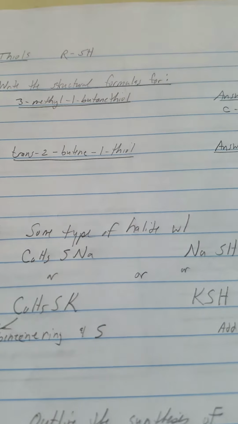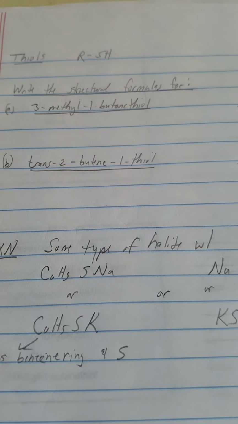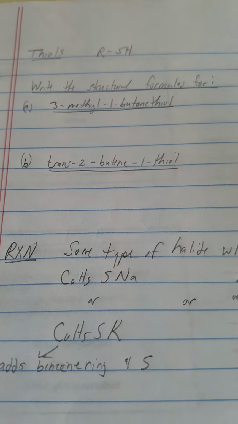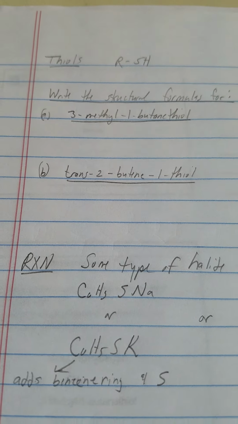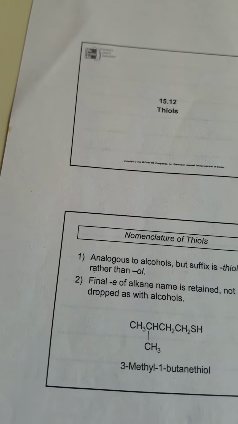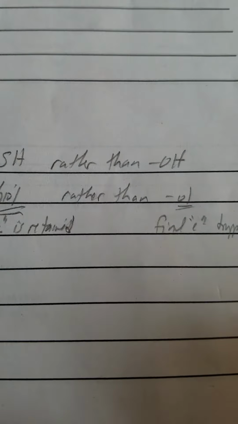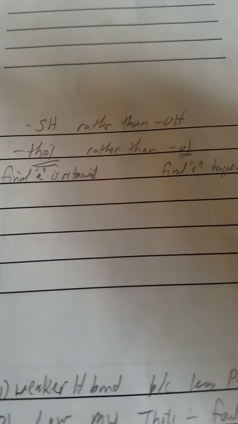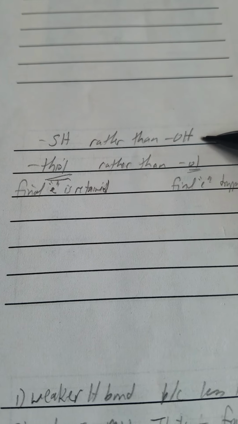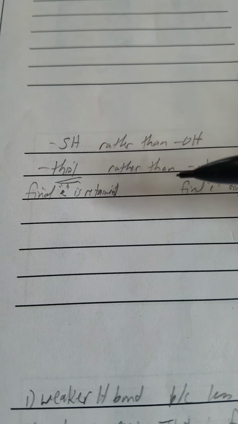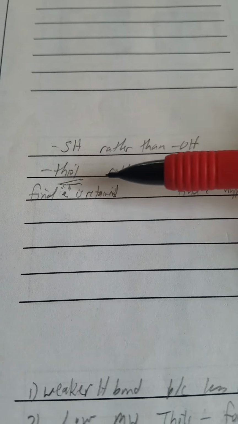The last thing we're going to look at in this chapter are thiols. So we're going to just very briefly look at a thiol. When you look at a thiol, thiols are going to have the SH group instead of the OH group like an alcohol, but they do react kind of similarly to the alcohols.